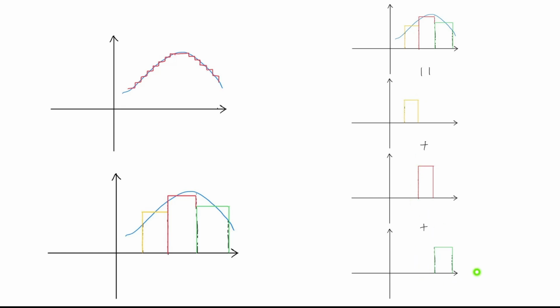So the question becomes, how do we approximate the rectangle function using neural nets? If we are able to approximate a single rectangle function, we are able to very easily approximate their combination.